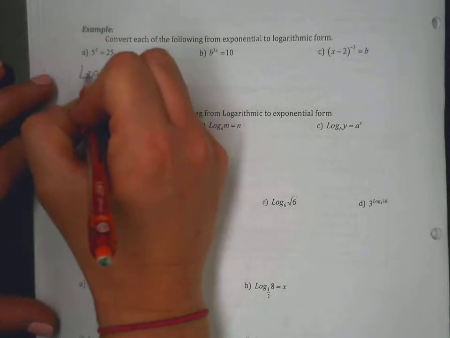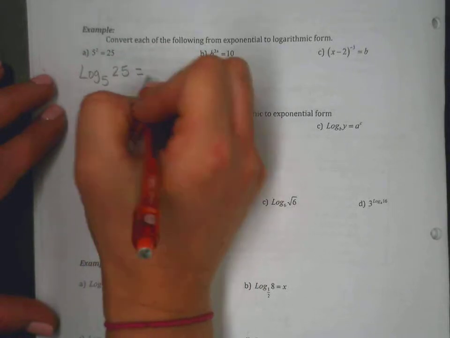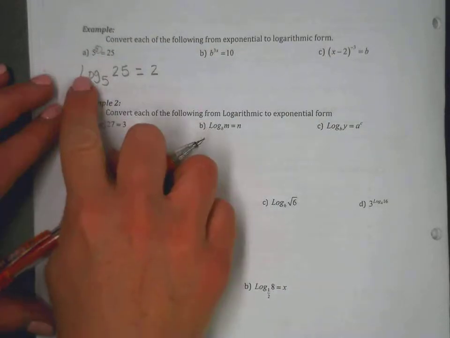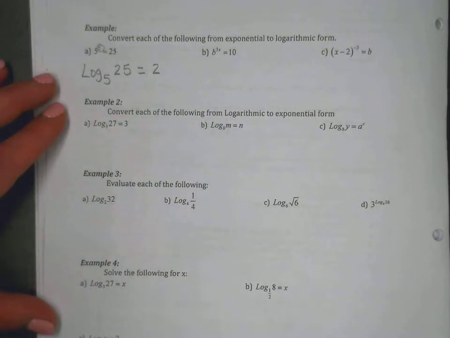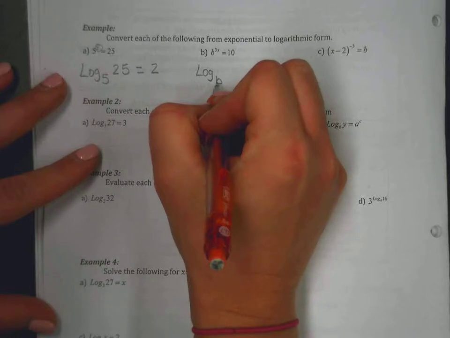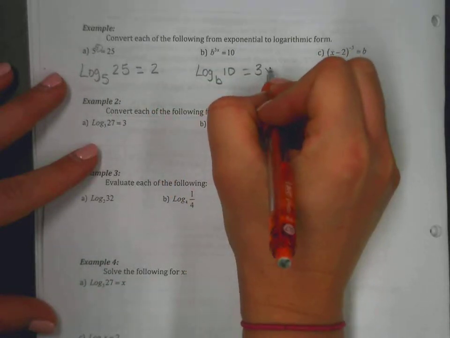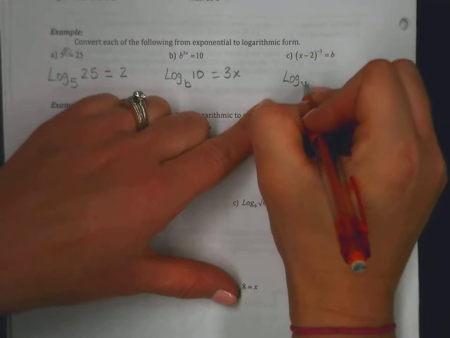So log base 5 of 25 equates to 2. Here, this would be log base b of 10 equates to 3x. And for c, this would be log base x minus 2 of b equates to negative 3. Okay, so that's how you change from exponential to logarithmic.